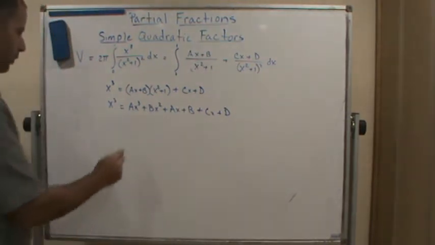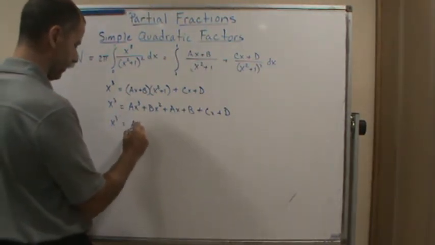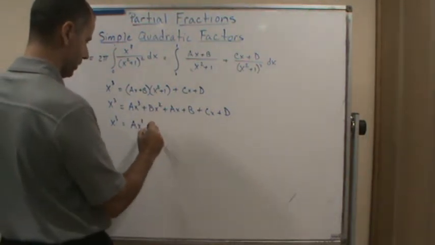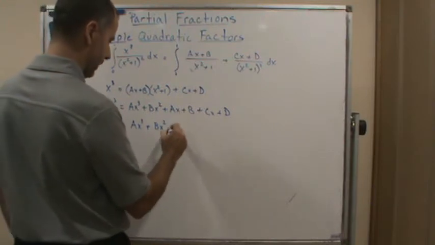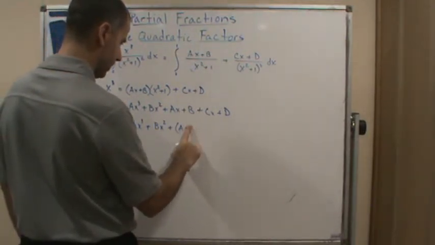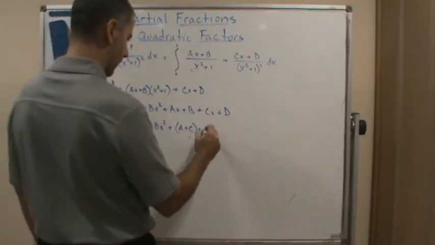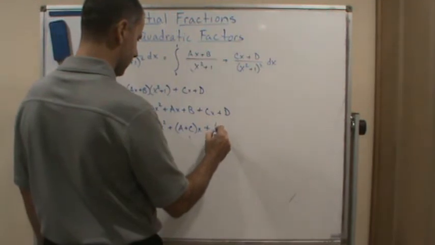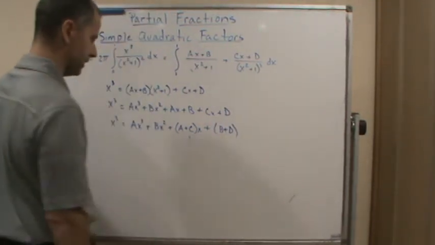Okay, now I'm going to rearrange this and I get x cubed equals ax cubed plus bx squared, and then I get plus (a plus c)x and plus (b plus d).